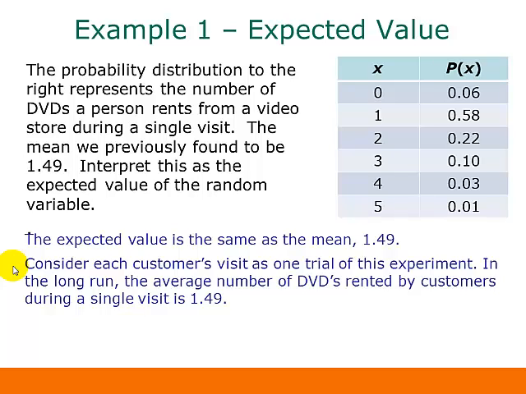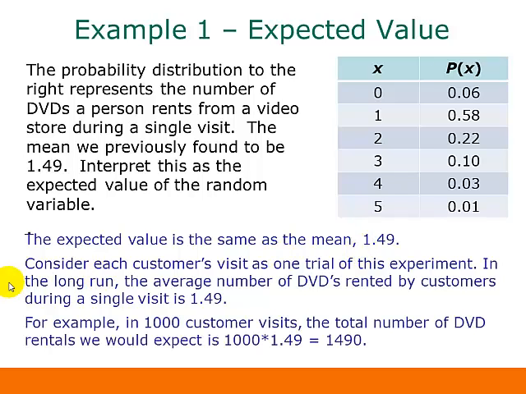To interpret this, let's consider each customer's visit as one trial of this experiment. In the long run, the average number of DVDs rented by customers during a single visit is 1.49. That's what we mean by the expected value. For example, in 1,000 customer visits, the total number of DVD rentals we would expect is 1,000 times 1.49, or 1,490.